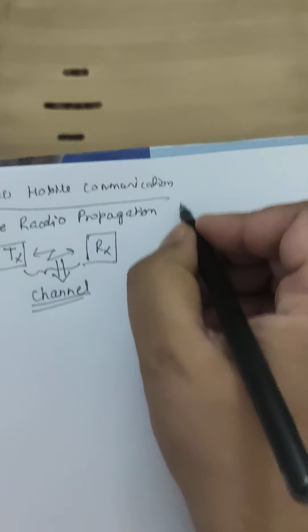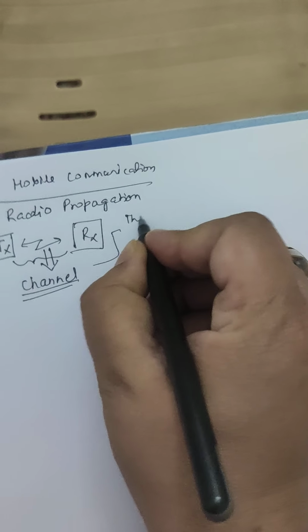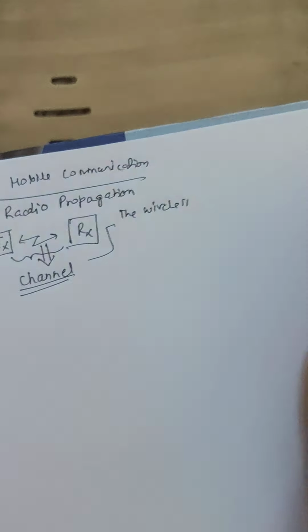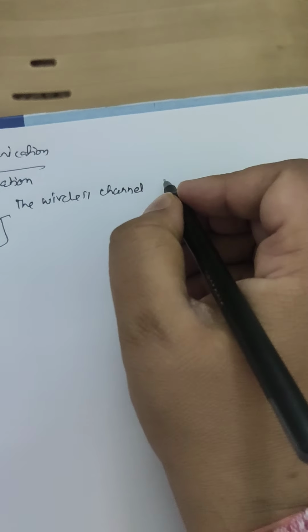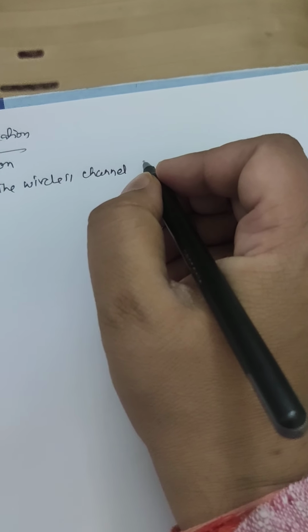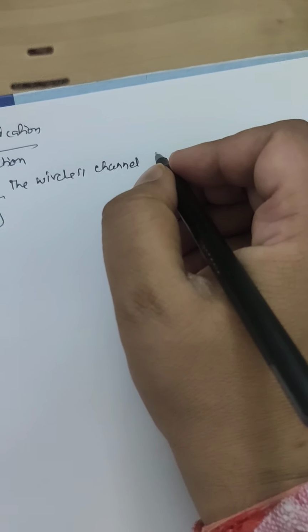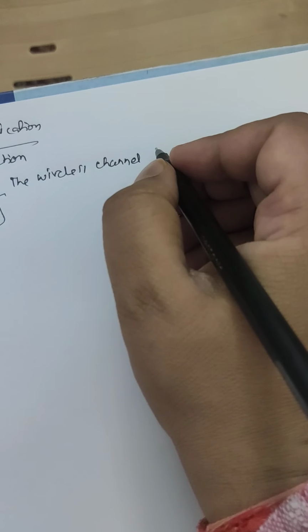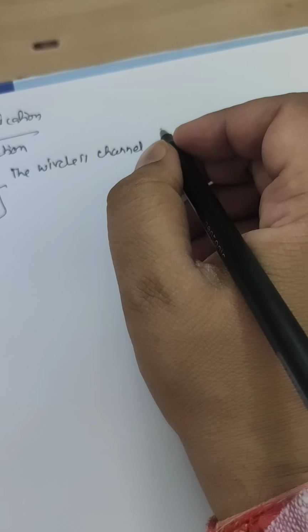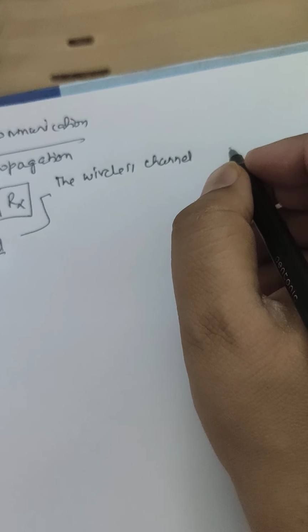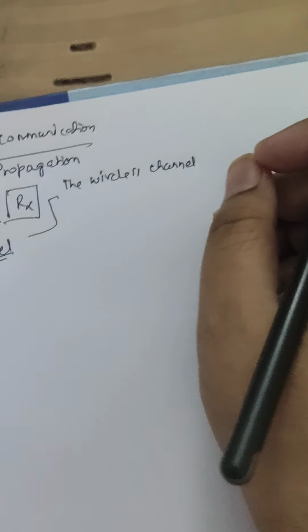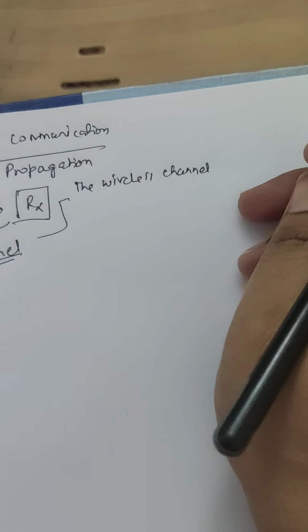So the wireless channel is susceptible to a variety of transmission impediments such as path loss, interference, blockage, obstacles, attenuation, reflections, diffractions, and so on.